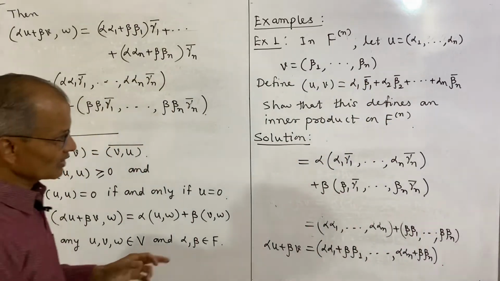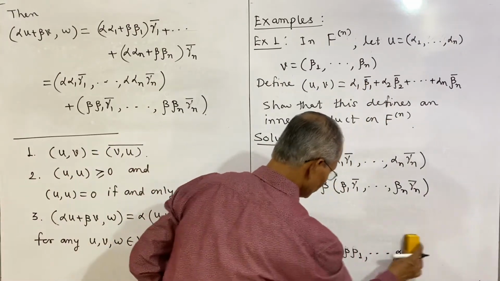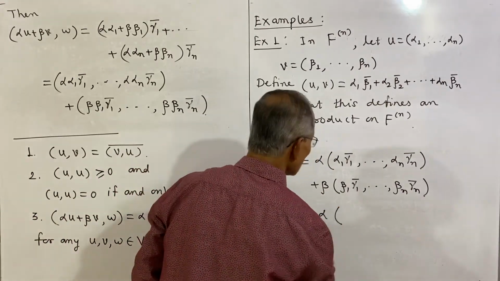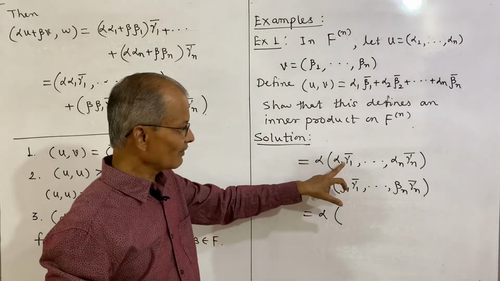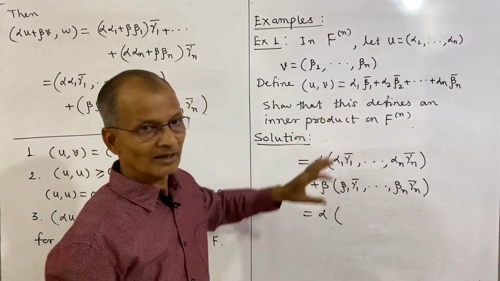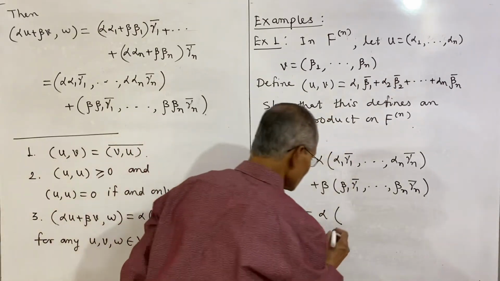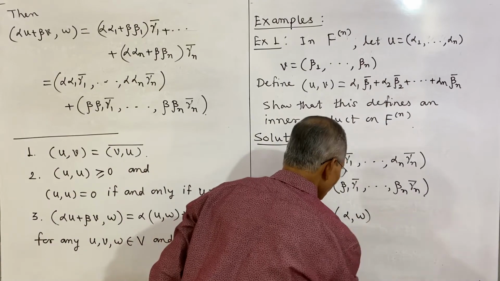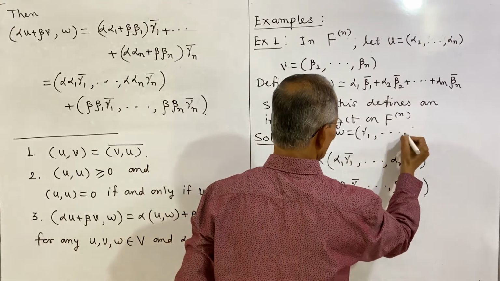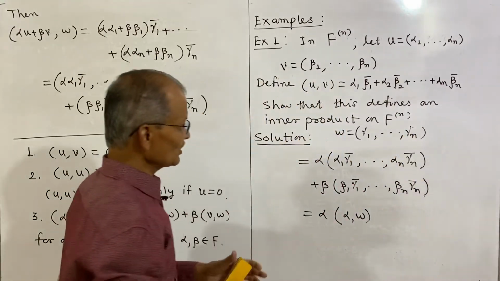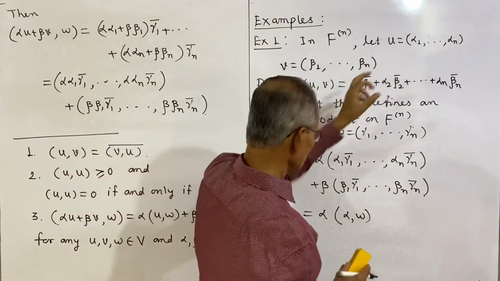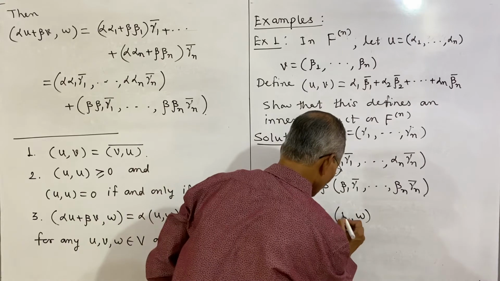And you see what is this product? First it is alpha, this is inner product of alpha 1, means this vector u, and gamma 1 etc., means vector w. We have denoted w as gamma 1 up to gamma n, and therefore this is inner product of u and w.